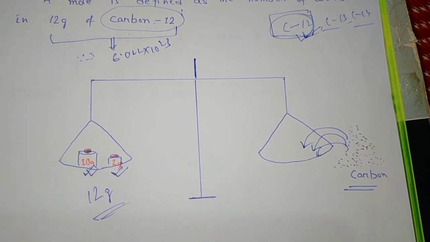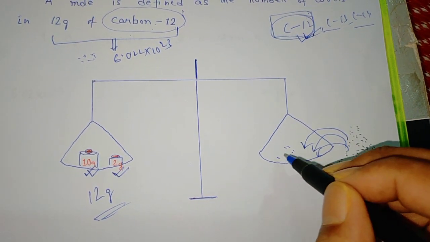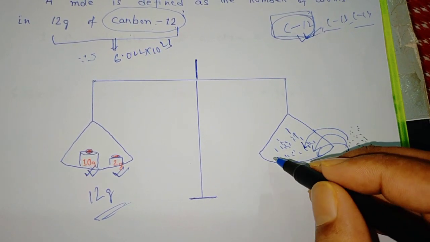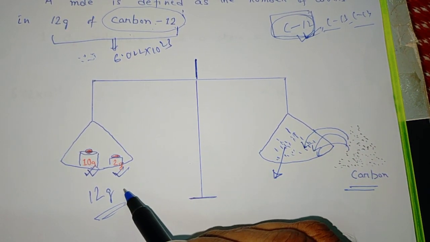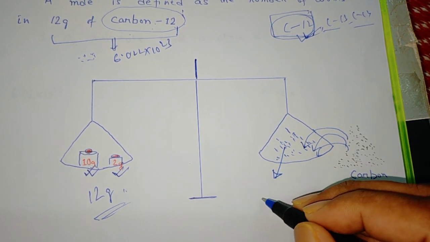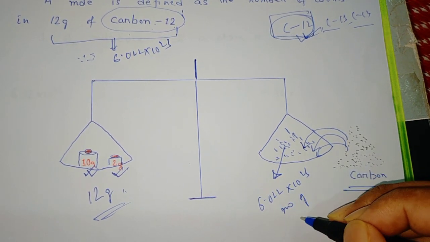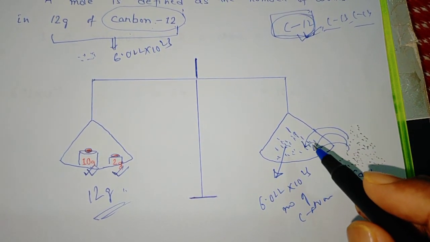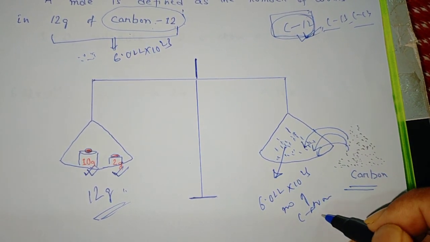If you go on adding carbon to the other side, one after another, then if you watch carefully, 12 gram is equivalent to 6.022 × 10^23 carbon atoms. When you put these small atoms on the other pan of the balance, it will take 6.022 × 10^23 carbon atoms.